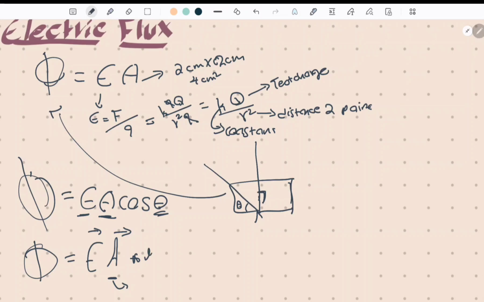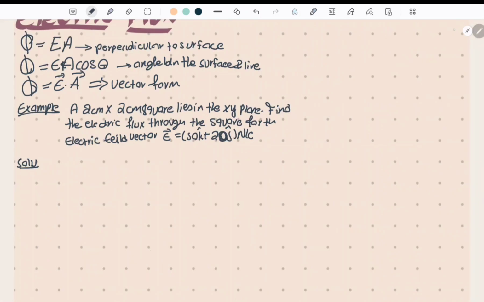To find the magnitude of the area vector, all we need to do is find the area of the surface, which is just multiplying the two numbers if we're given both. And then the direction will be along the normal, or perpendicular to the surface. So as you can see, if it's on a flat surface, then it will be in the direction perpendicular to the surface. Just take a moment to do this example.